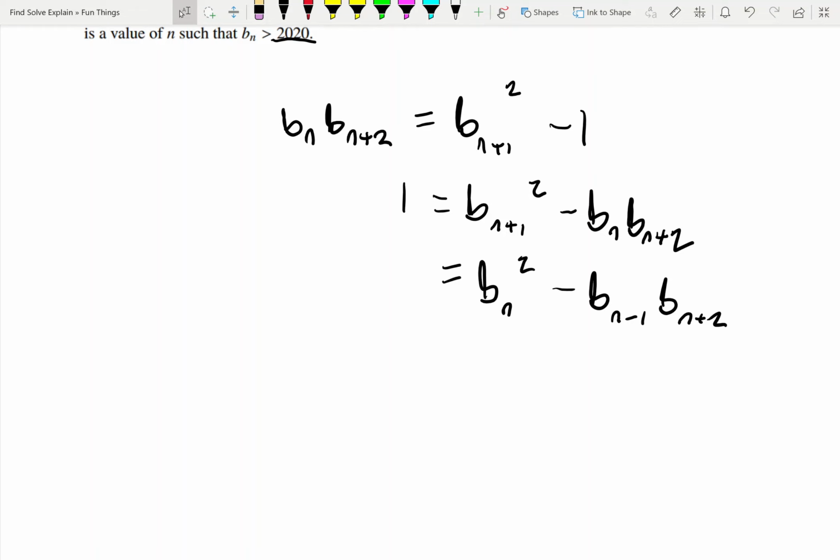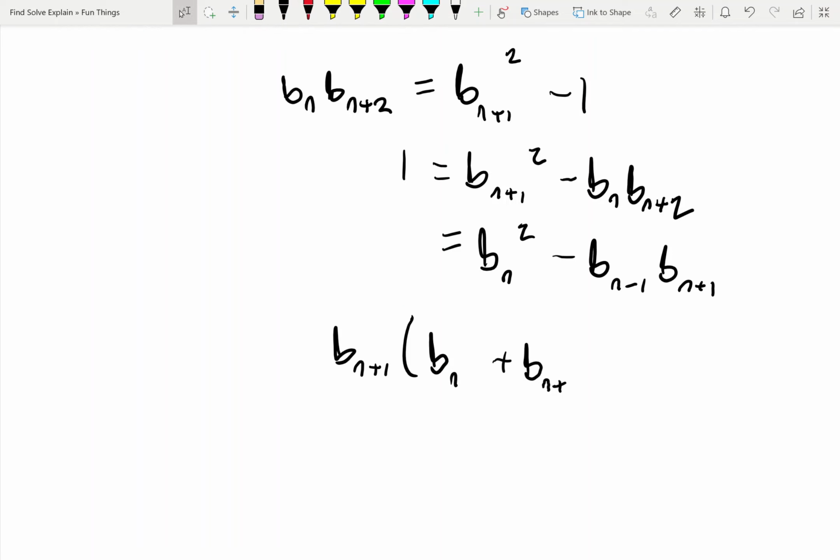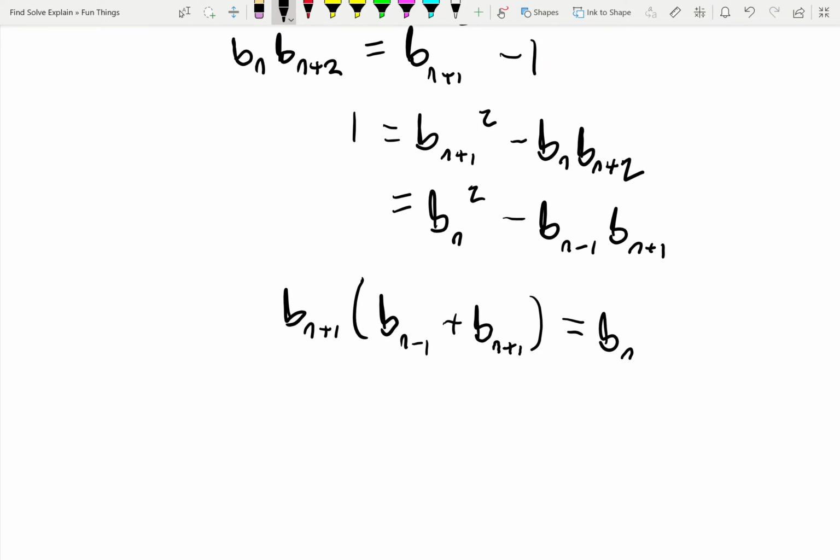We can then rearrange them to get b(n+1) times b(n-1) plus b(n+1) is equal to b(n) times b(n+2) plus b(n).